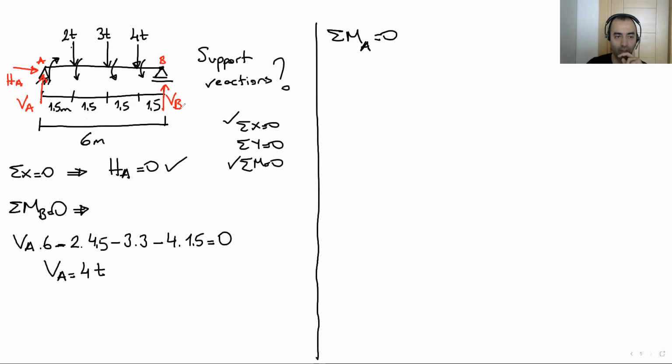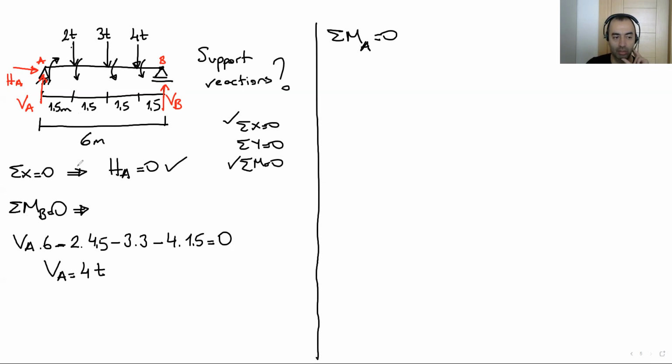After I calculate all these unknowns, all these support reactions, if I use total Y equals 0 and I get 0, yes, I did the correct solution. If there is something wrong in the check, I have to check all my calculations again. Let's do it together.